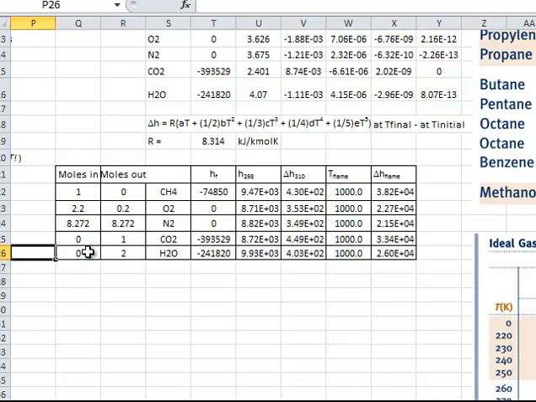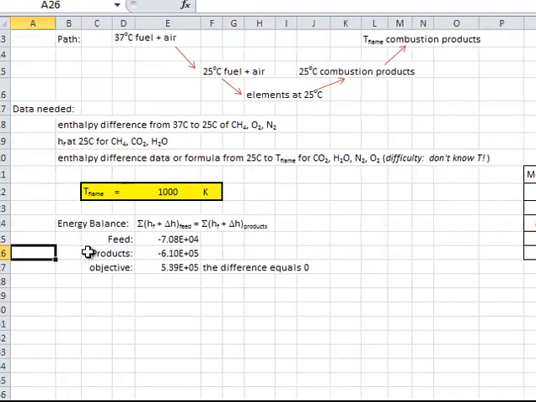And so coming over to my energy balance, I'm just saying that the heats of formation plus the delta H for my feed and my products will be equal to each other. So I just multiplied number of moles times the enthalpy of formation plus number of moles times the enthalpy change to get to 310, or the product temperature for each one.